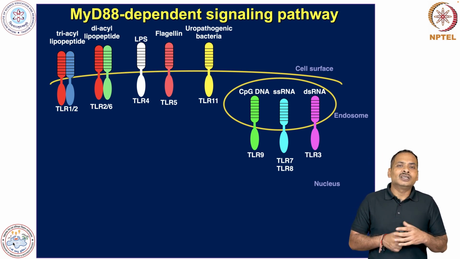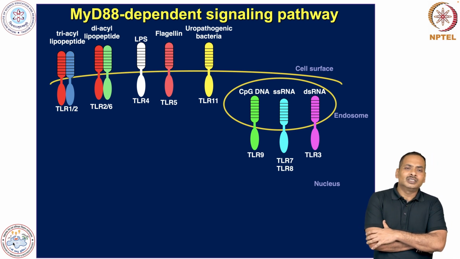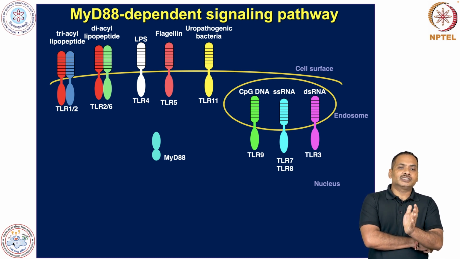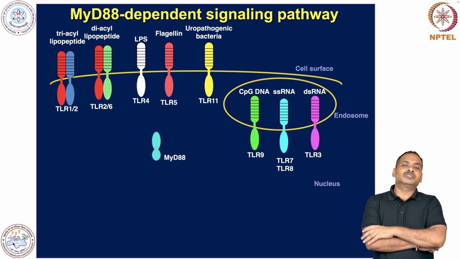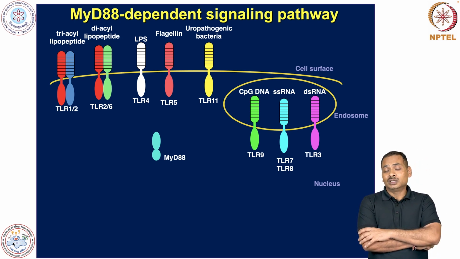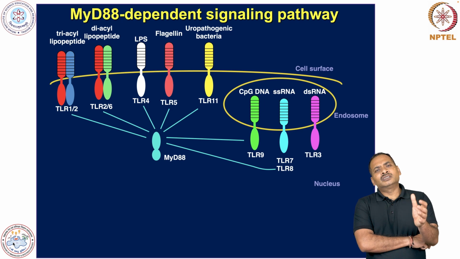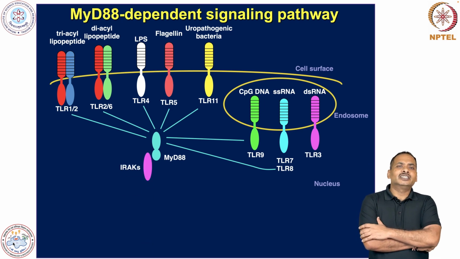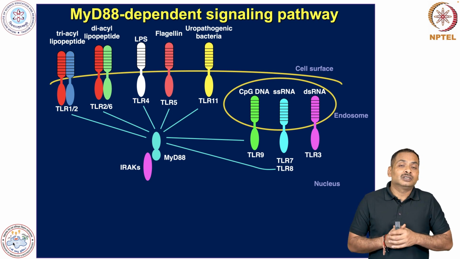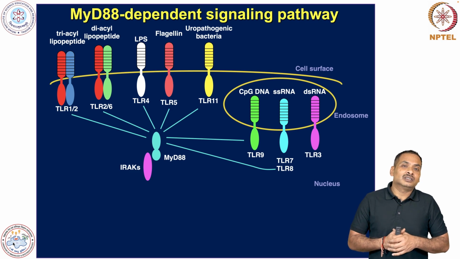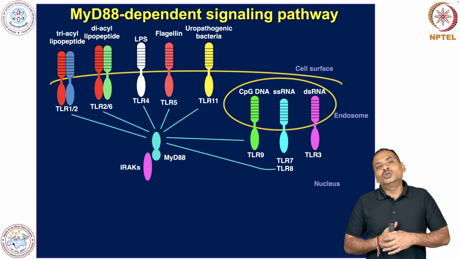This conformational change recruits the adapter molecule MyD88, but in the case of TLR1, 2, 2, 6 and 4, there will be additional adapters, that is MAL or TIRAP. Upon recruitment of MyD88, there will be recruitment of various other signaling molecules, which consist of a family of IRAK proteins, mainly IRAK1 and IRAK4, and there are some more IRAKs.